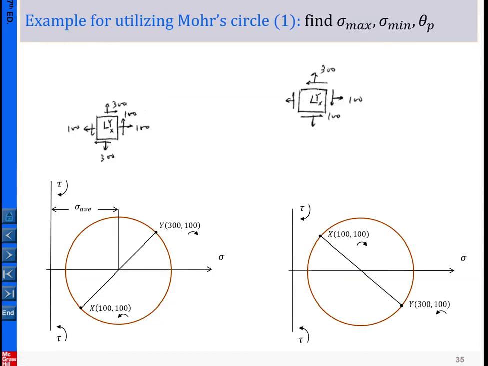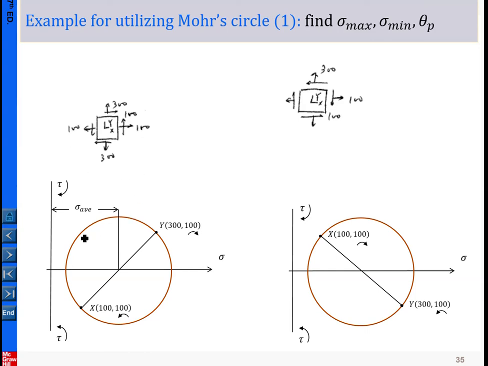So we can look at one example here, continuing from our previous examples, and see how we can utilize this to determine the maximum and minimum principal stresses and principal orientations. From the previous exercise, we know the given state of stress.